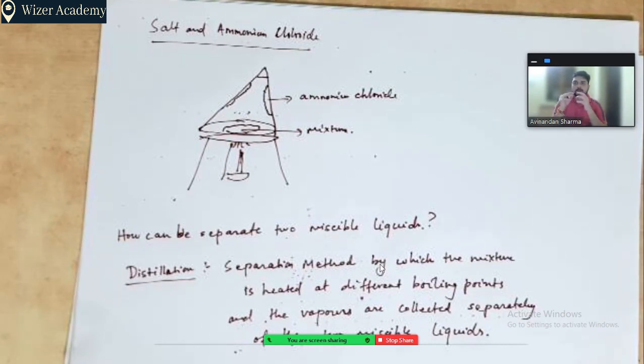So the two miscible liquids can be easily separated with the help of distillation, without decomposition, and if they have sufficient difference in their boiling points, they can be separated.